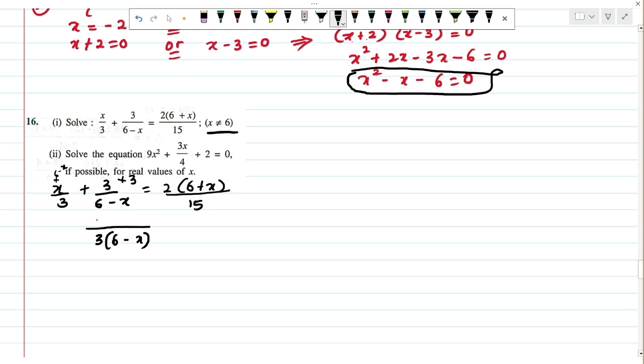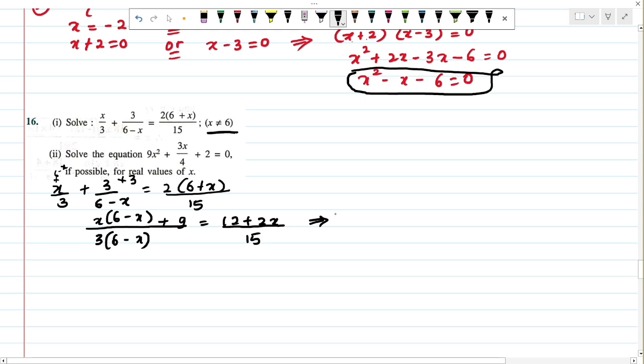So x(6 - x) plus 3 3s are 9, which equals 2 into 6 is 12 plus 2x, divided by 15. So yes, this is the next step.